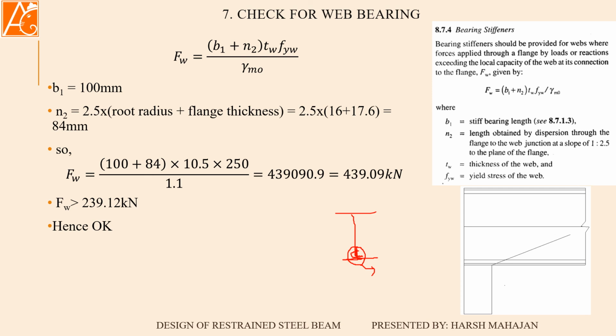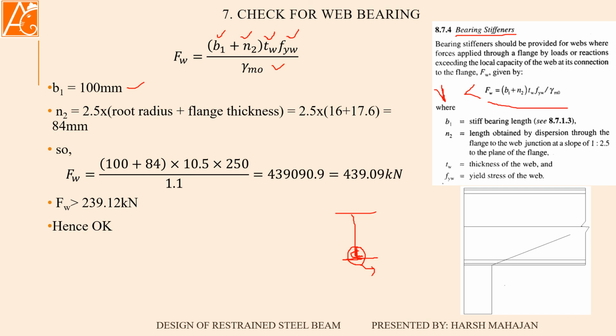To avoid that, we have to provide a bearing stiffener. But if our applied shear force is less than Fw, then we do not have to provide it. Fw's equation is written here: B1 bearing, we know 100 mm we have taken, and 2 Tw, Fyw and gamma m0.